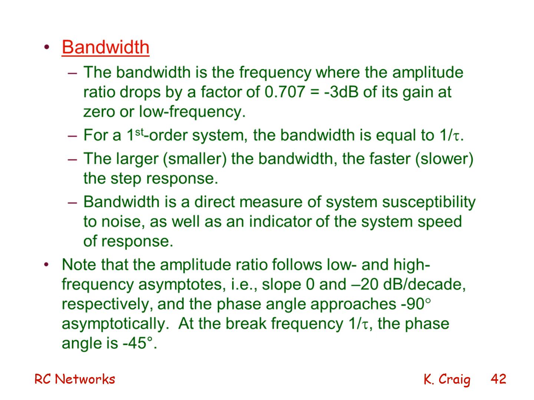And at the break frequency, the bandwidth, 1 over tau, the phase angle is exactly minus 45 degrees. So if you have a frequency response plot, the Bode plots, with these characteristics, you then have a first order dynamic system.